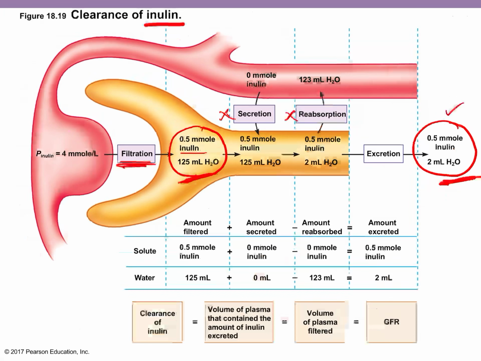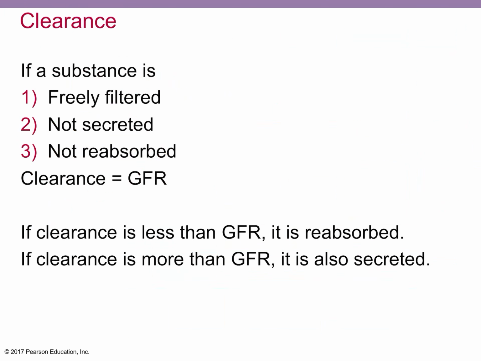It tells you how healthy your kidneys are working, because you can compare the clearance of substances to inulin. And then you can also make a judgment on how things move through the kidney.